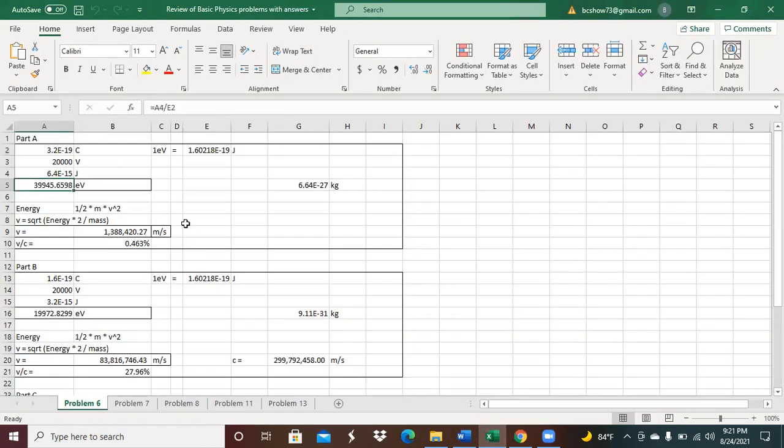Now, what's going to be the speed? The speed in this particular case is going to be, energy is 1/2 mv squared. This is going to be the kinetic energy, and I should go ahead and write it as such.